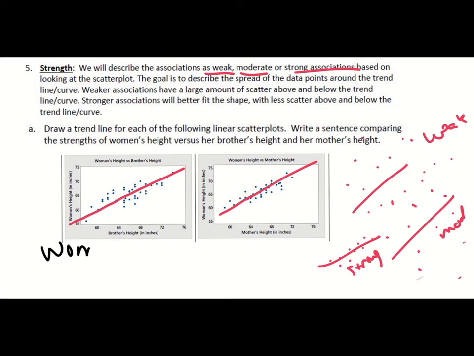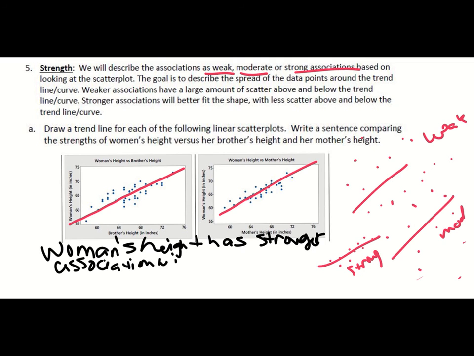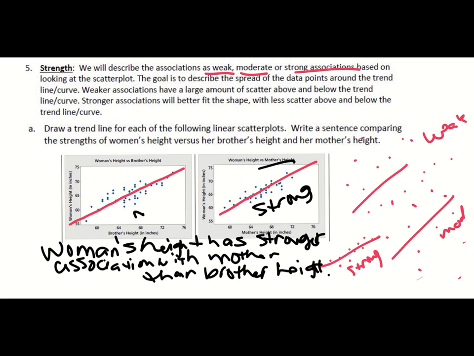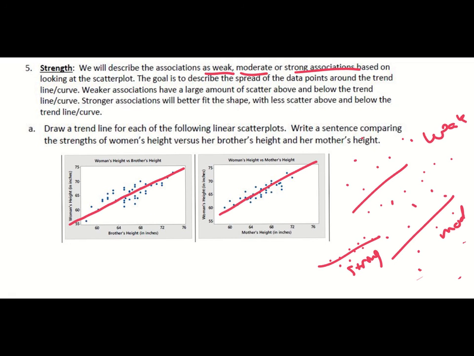So the woman's height has a stronger association with the mother than the brother's height. Women's heights have a lot closer because this is stronger and this is more moderate. So the mother is closer than the brother.